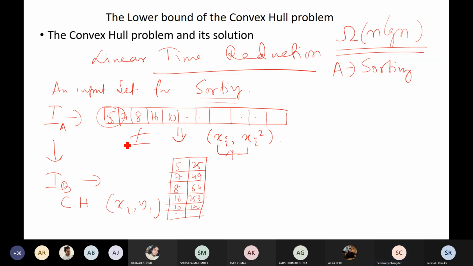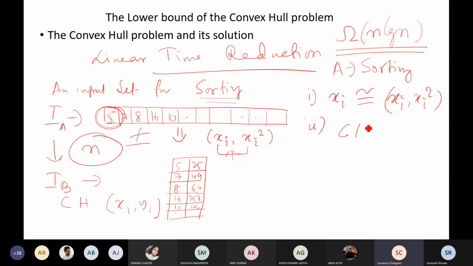Now, what time is required to convert this? n, because if there are n elements in the list, we are just multiplying each with itself, and that will also take n executions, nothing more than that. Okay. So first we will convert a point xi to its equivalent xi square, right?